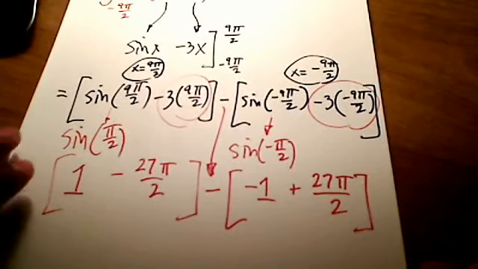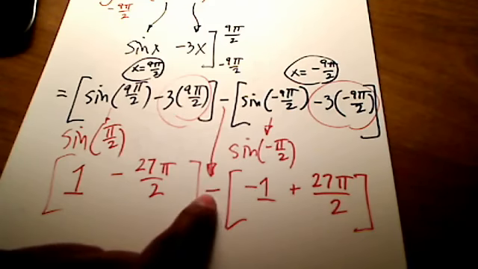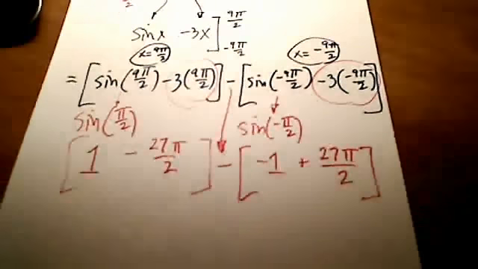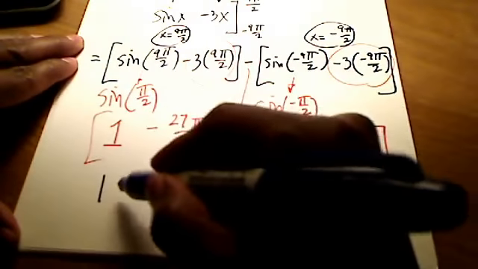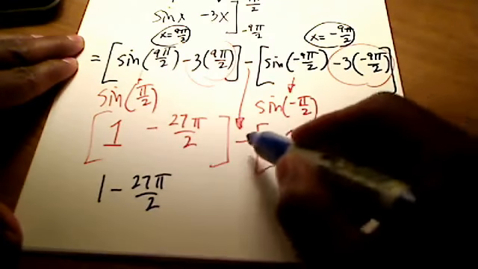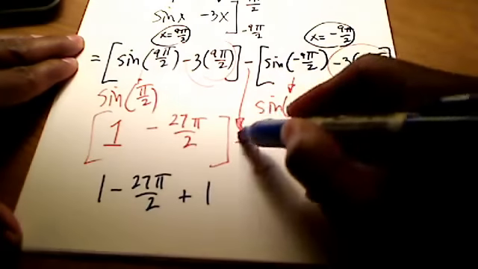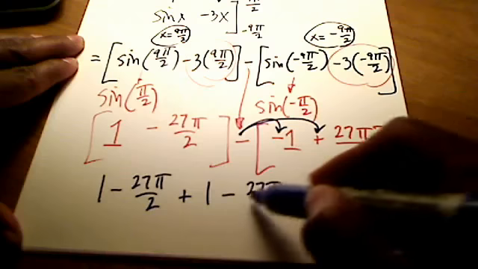But what does this minus sign in the middle, which again comes from the fundamental theorem of calculus, do to both of these terms after it? Well, it changes their signs. So what I then have is this. I'm going to take the parentheses away now. I've got 1 minus 27 pi over 2, and this negative times that negative makes it plus 1. And that negative times that positive makes it another minus 27 pi over 2.